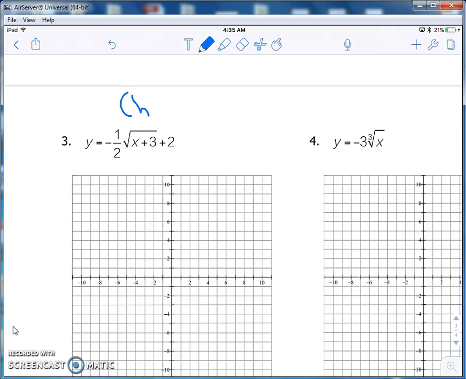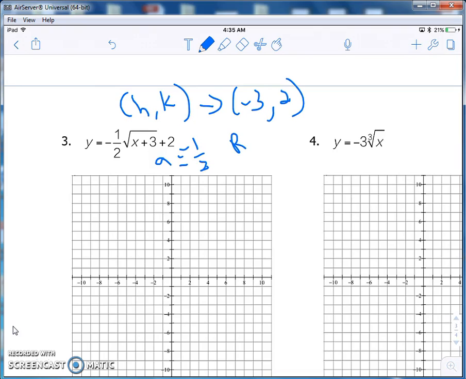So h isn't positive 3, it's negative 3, but k is positive 2. So this tells me my starting point is left 3, up 2, and my a value is negative 1/2.